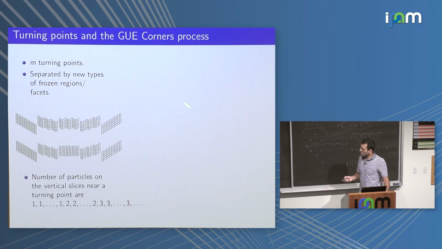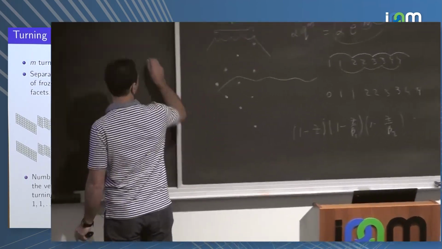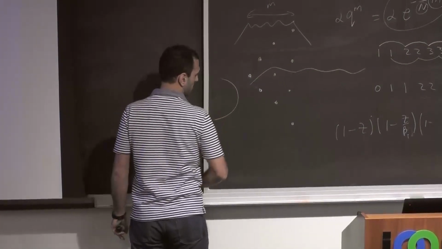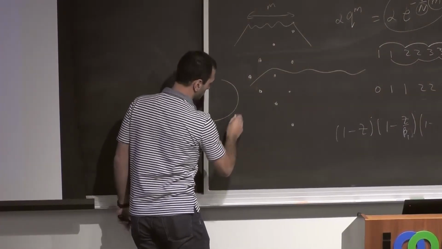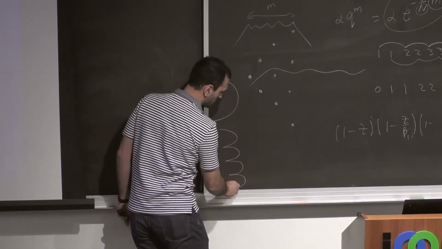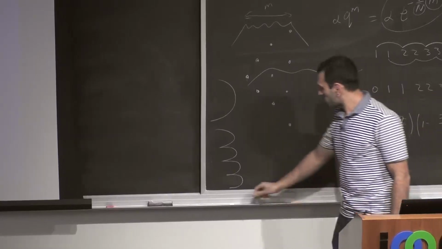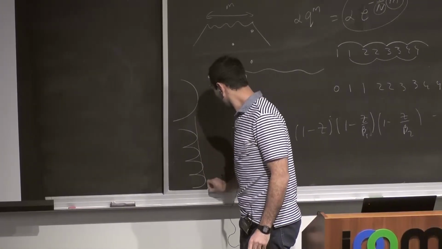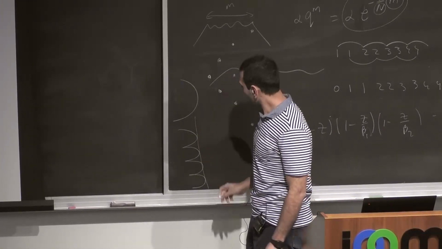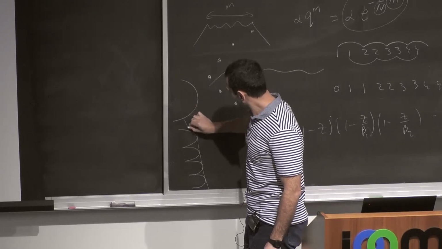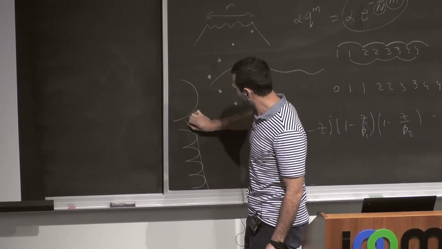Before you had one turning point. Now each one is going to separate into m different turning points. And these turning points are going to be separated by frozen regions. The frozen region at the very top is what you had before.